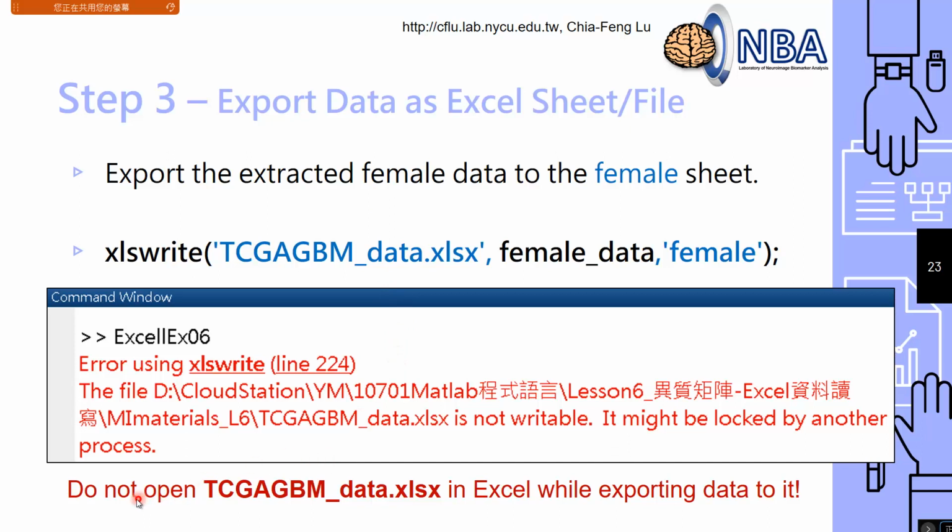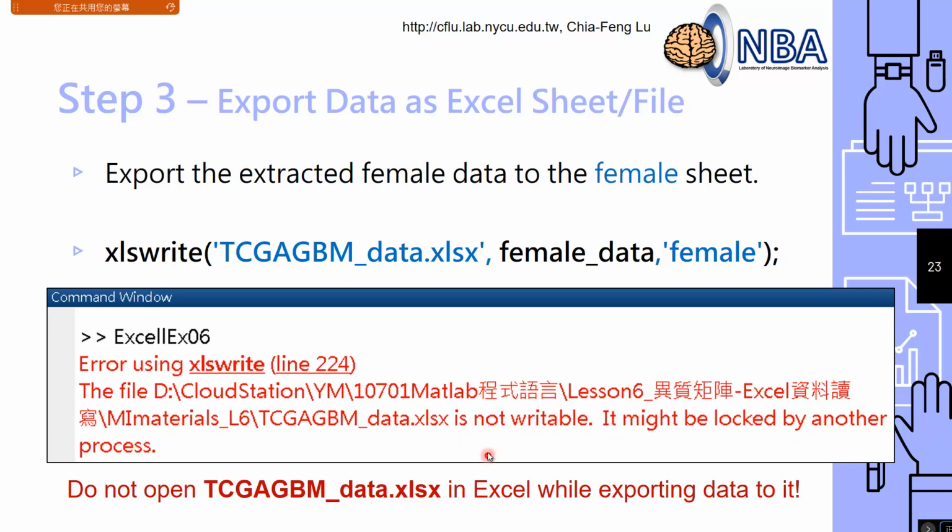Again, I have to emphasize you should not open TCGA GBN underlying data.xlsx in Excel right now. You should close it so you will have the right to write to it. Otherwise, you may see error messages saying it is not writable because it might be locked by another process, by Excel itself.